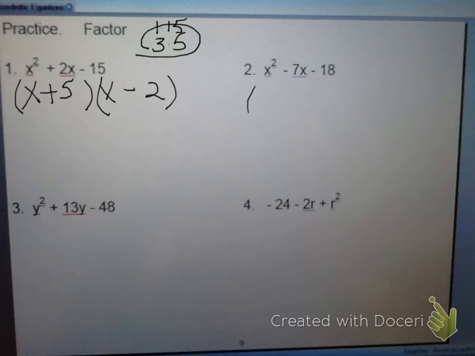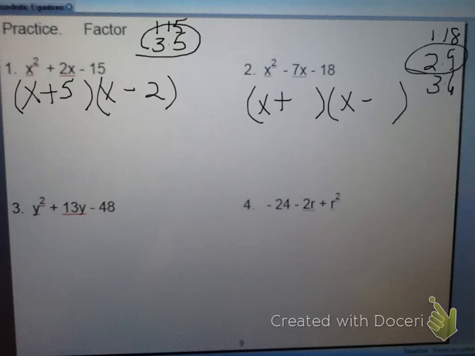Example 2. Again, my signs are going to be different. Factors of 18, 1 times 18, 2 times 9, 3, and 6. I'm going to subtract and use the 2 and the 9. Now I'm going to put the 9 behind the negative.